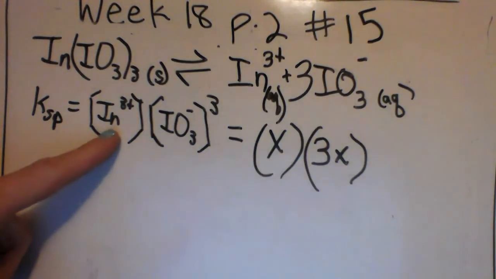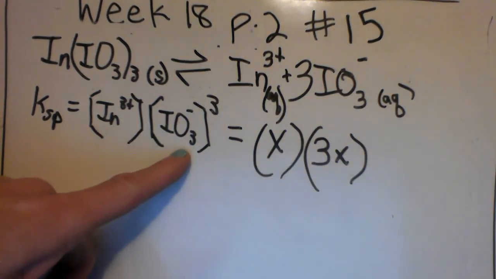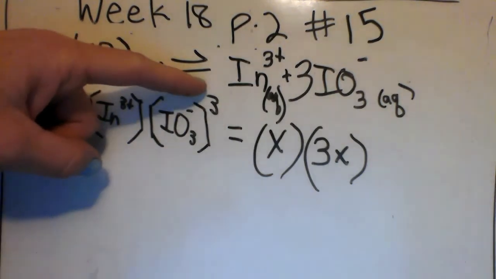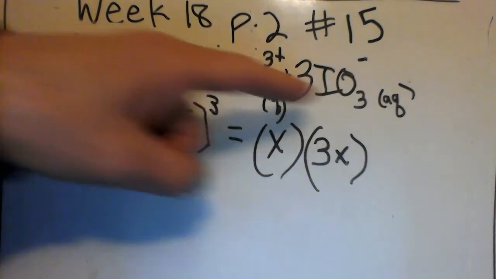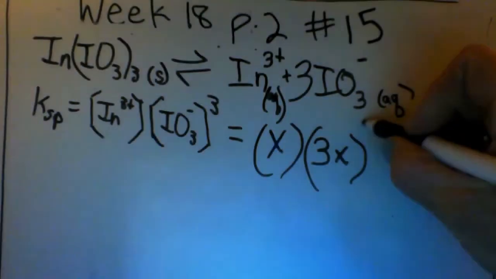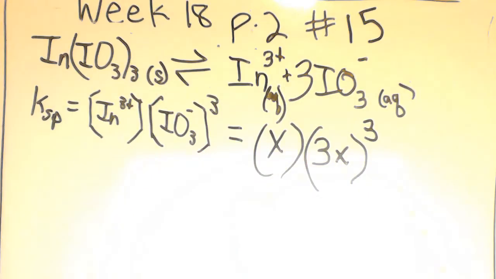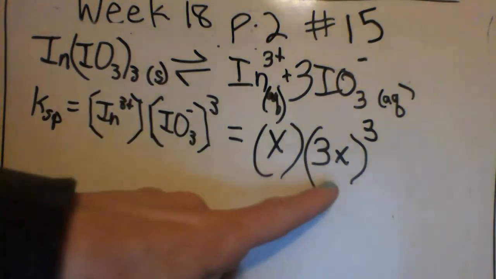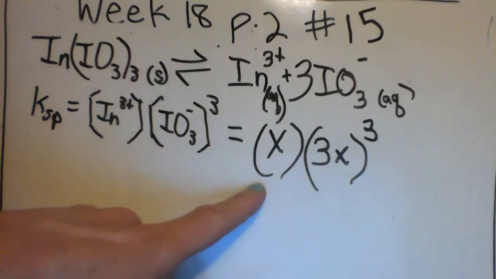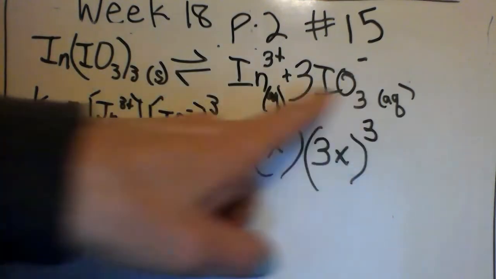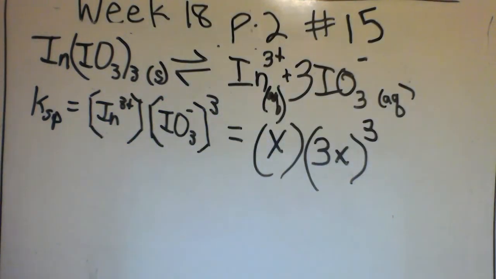Now we've replaced these 2 concentrations with variables. We need to be sure to keep the exponent. Now, we need to combine this into a more usable form.